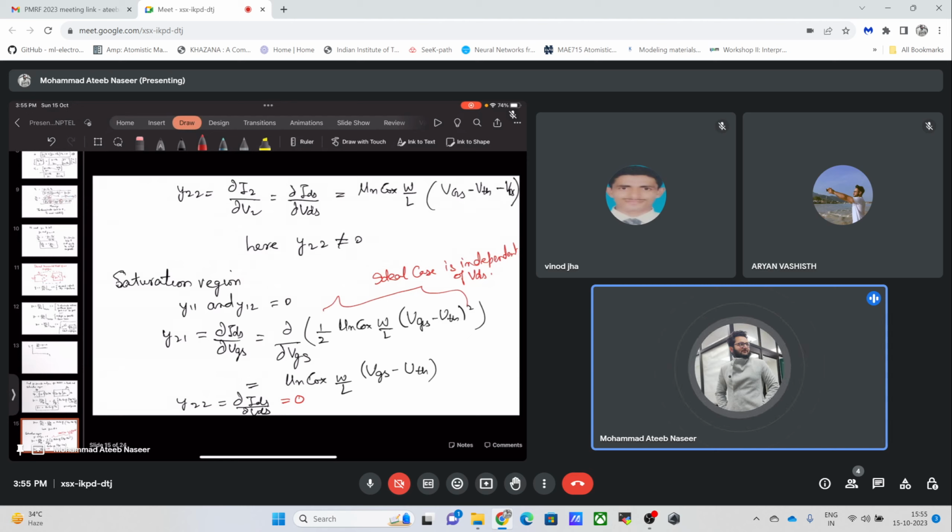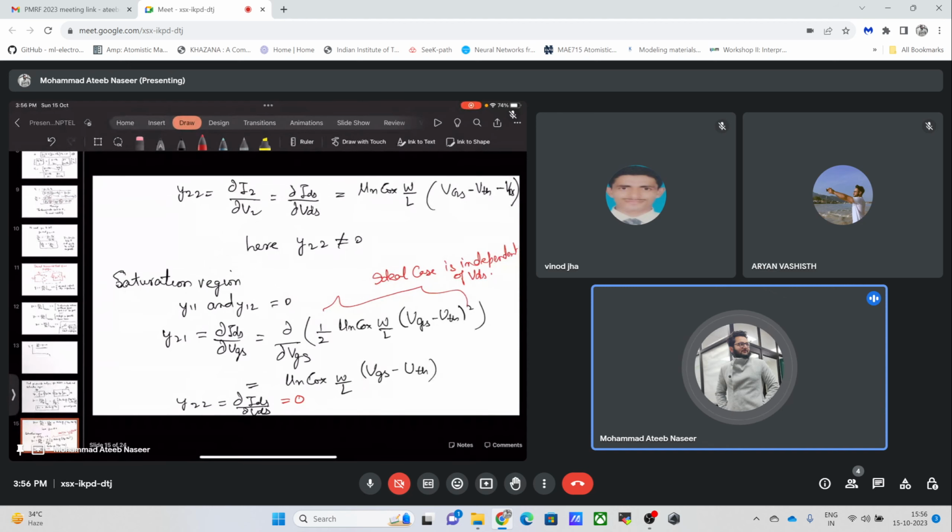We require Y21 to have this dependency on the gate to source bias. This means operating the amplifier in the saturation region will be beneficial for us, since we want Y21 to be higher for a given VGS.